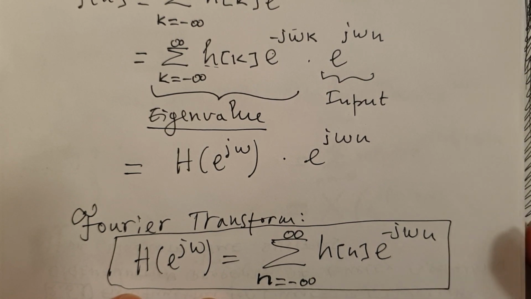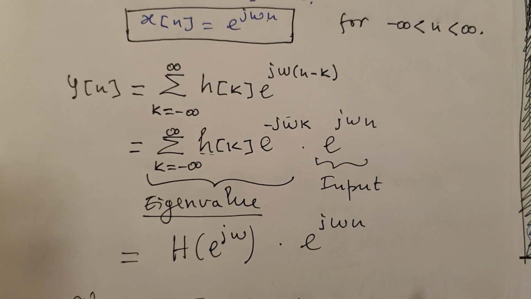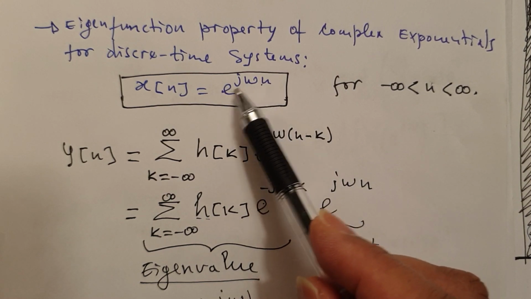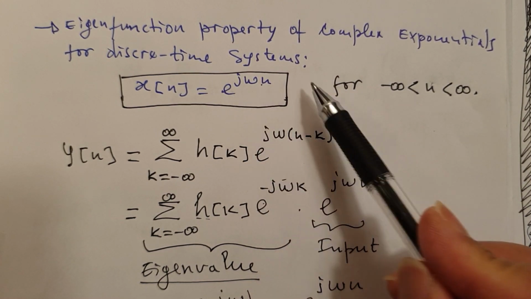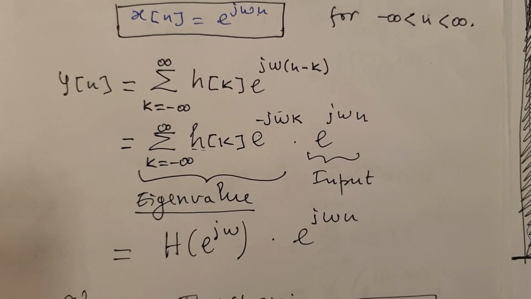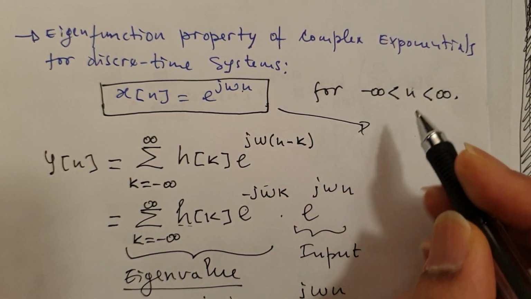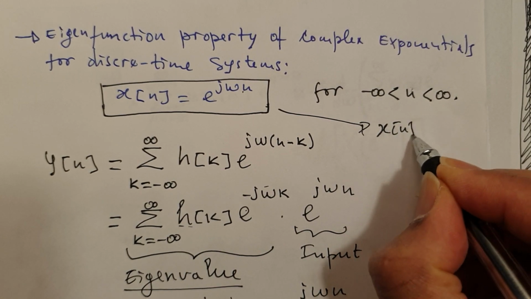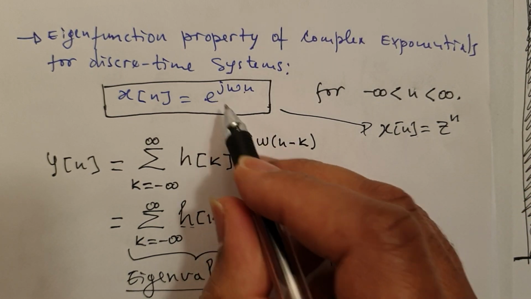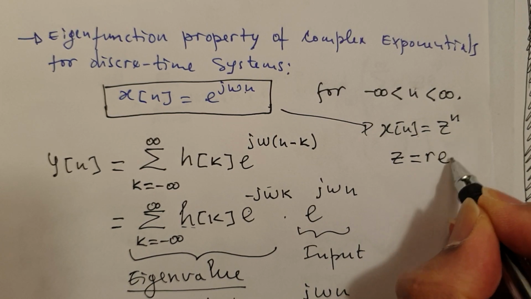So I will go through this very quickly now. When we have inputs of this kind, which are called complex exponentials, actually we can have a more general form for this. I could have generalized that to the following. I could have an input like this: x of n is equal to z to the n, similar, just that now z is equal to r e to the j omega.